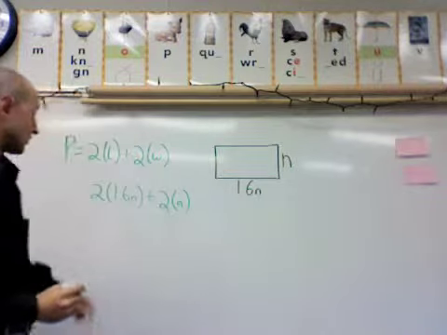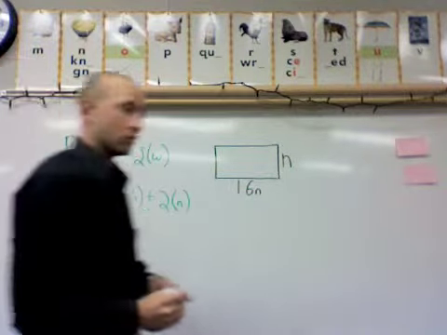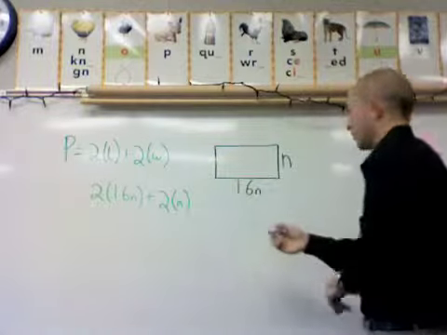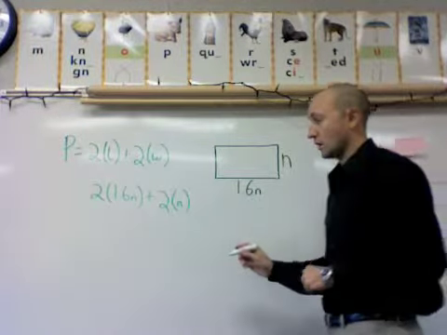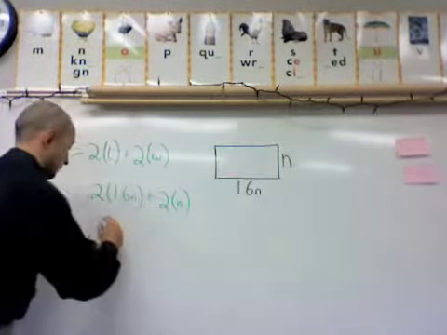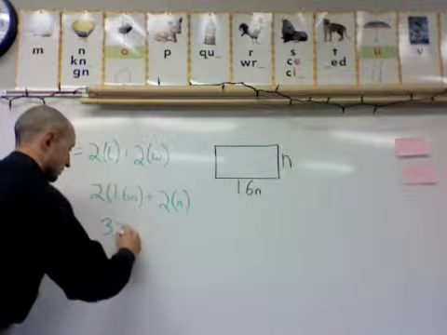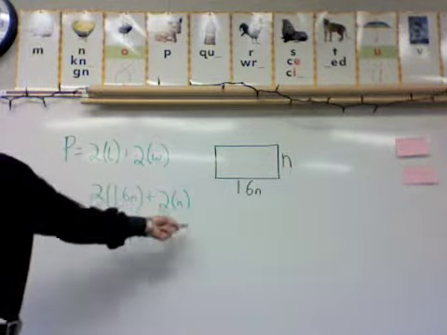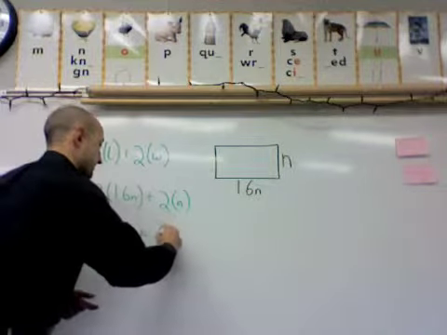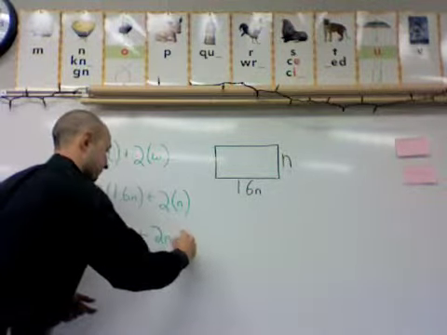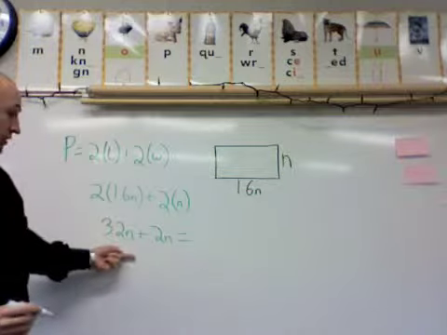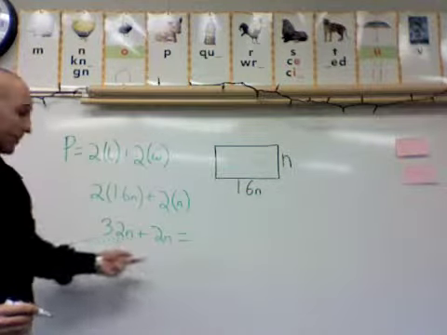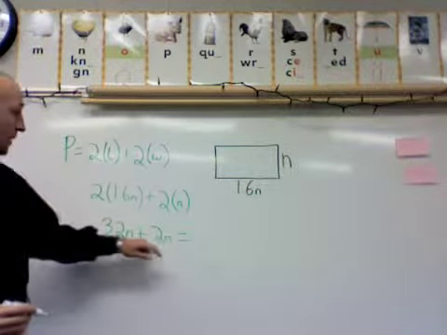And now I can solve this. 2 times 1.6n, I'm going to come up with an answer of 3.2n, and I want to add that to 2 times n, it becomes 2n. And now I have like terms because they both have an n, so it's going to be 3.2 plus 2.